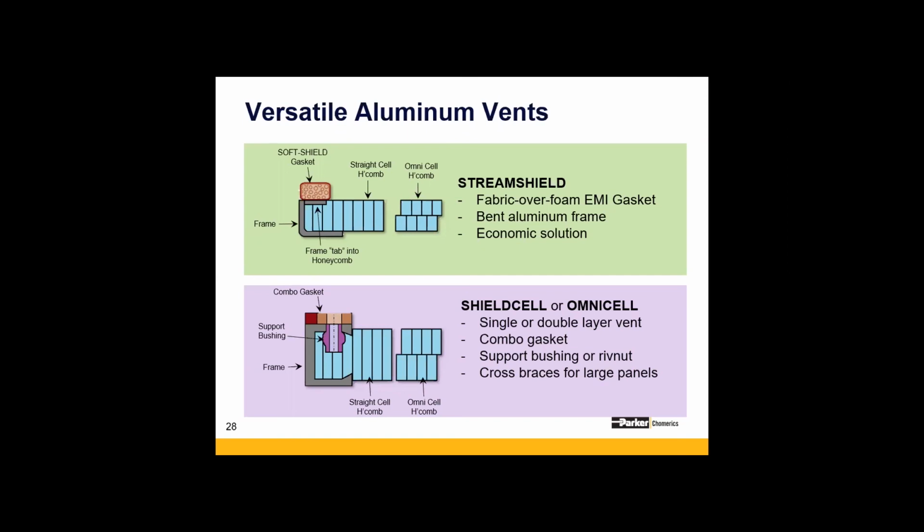One of the other designs that we have in our category of versatile aluminum vents is our shield cell or omnicell design. These are typically low-end military or high-end commercial vents. They're lightweight because they're made out of either a single or a double layer of aluminum honeycomb. And they tend to use a combo gasket for mounting and mating up to a housing.